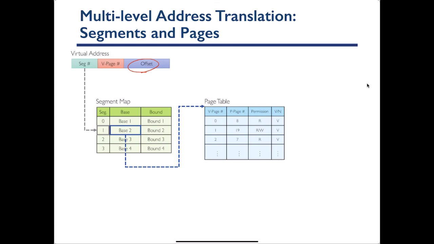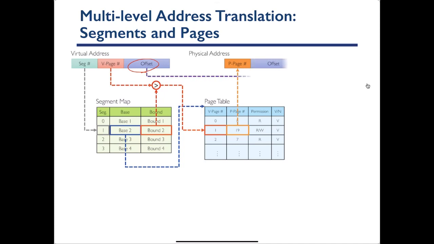Then I use the virtual page number to index into this page table to find the physical page number. Once I have the physical page number, I just append the offset, and this gives me the physical address that I need.